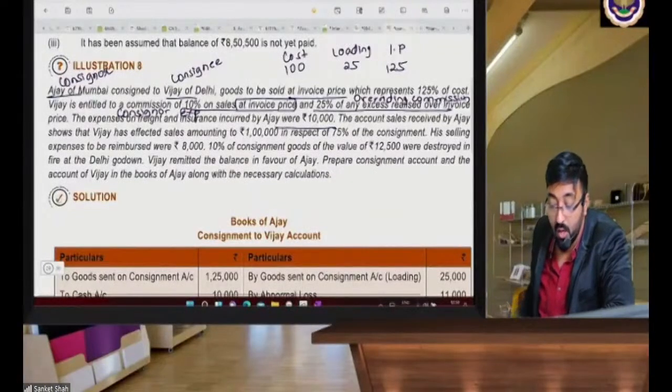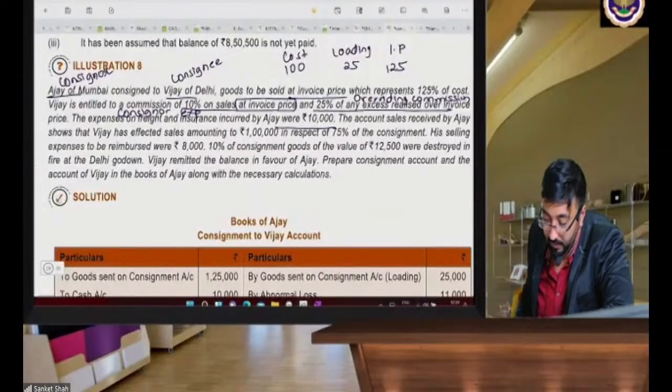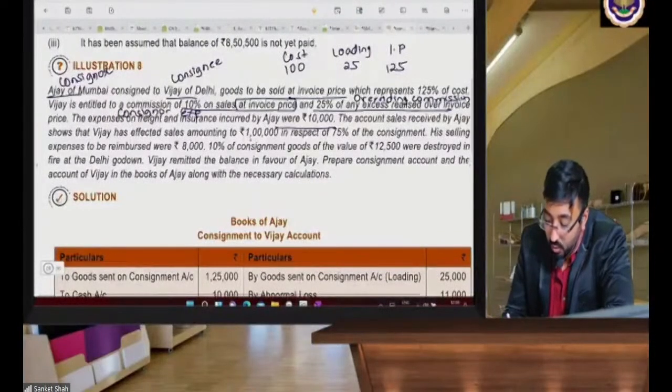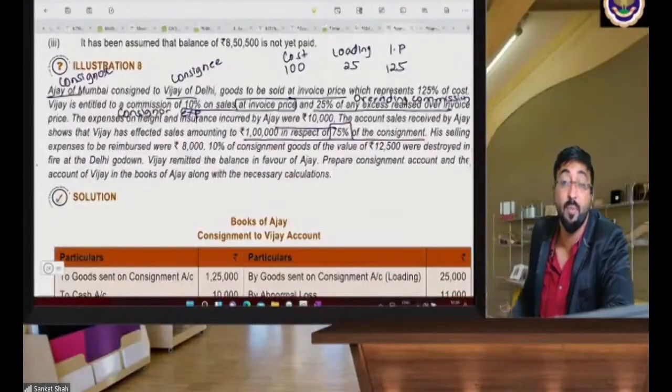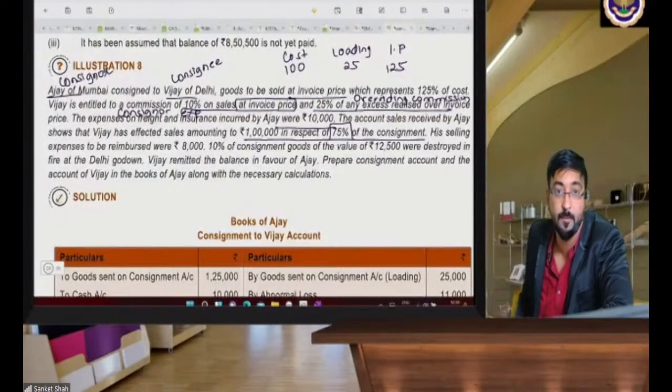But we are not aware about goods sent on consignment. The account sales received shows that 1 lakh rupees in respect of 75% of the consignment. So this is the sales amount, which is 75%, meaning out of 100 goods, you sold 75 goods.